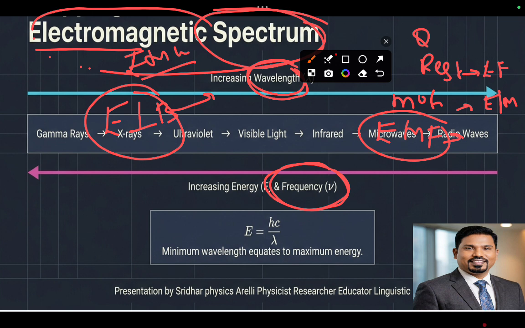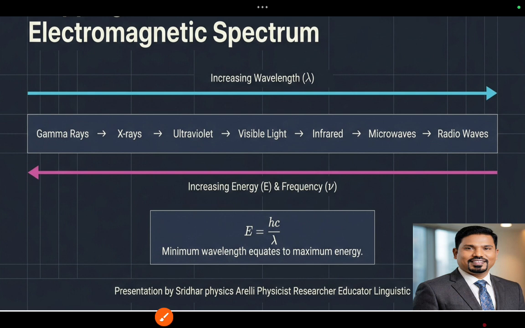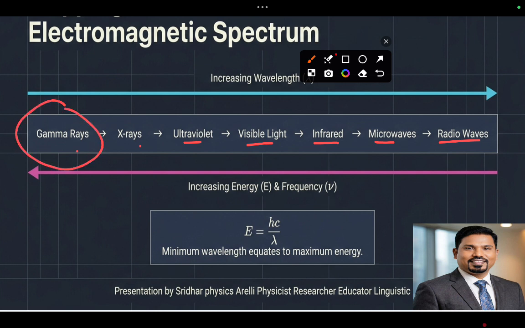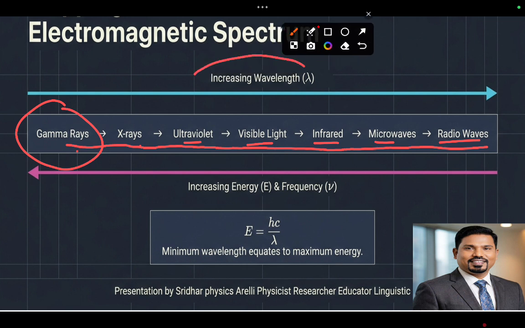What are the components of the electromagnetic spectrum? Gamma rays, X-rays, ultraviolet, visible light, infrared, microwaves, radio waves. This classification is done according to increasing wavelength.